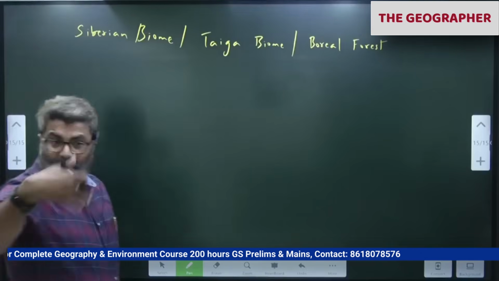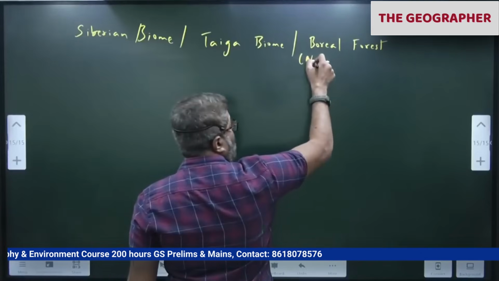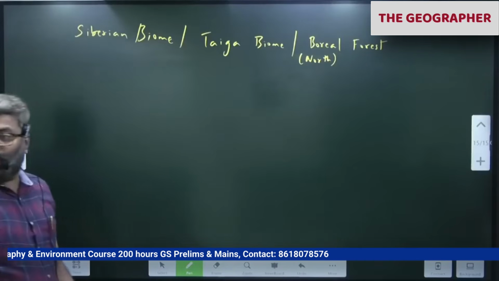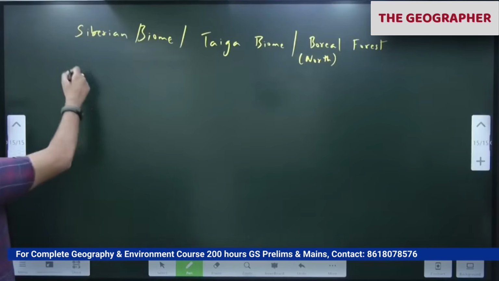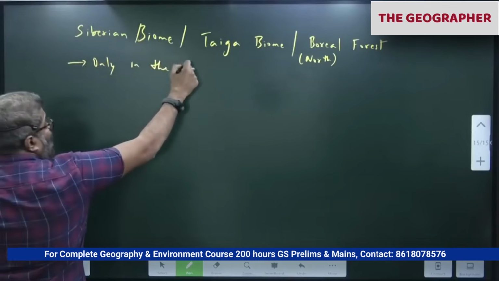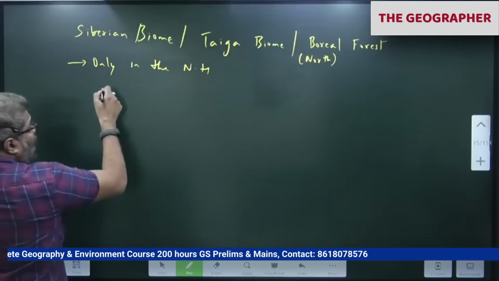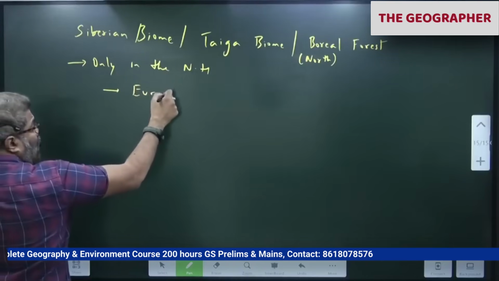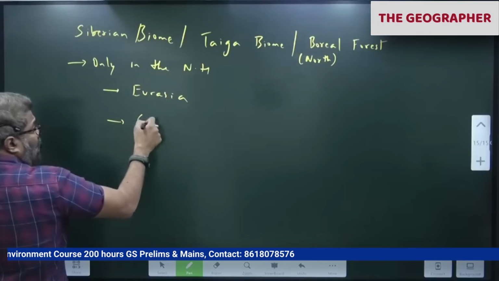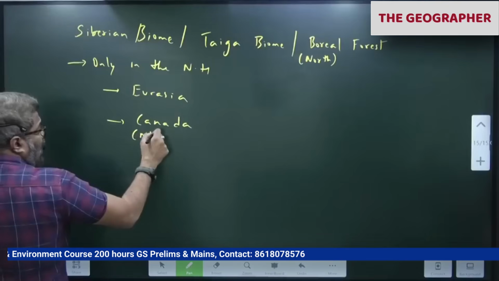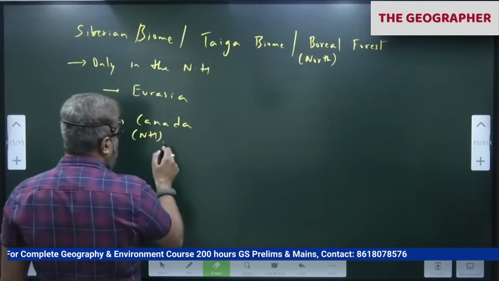The word boreal means north. Not found in southern hemisphere, correct? So this biome is found only in the northern hemisphere. It's found in Europe, Eurasia and Canada. North America and Europe, Asia, it means.